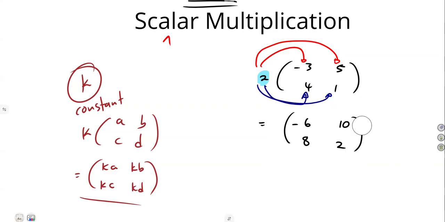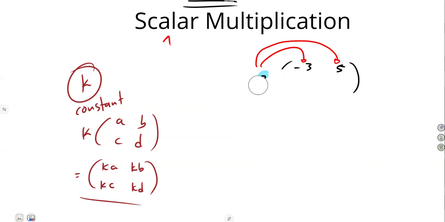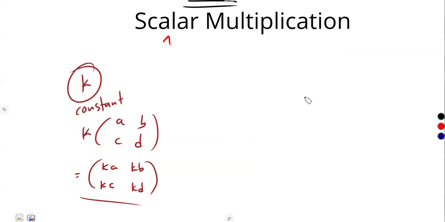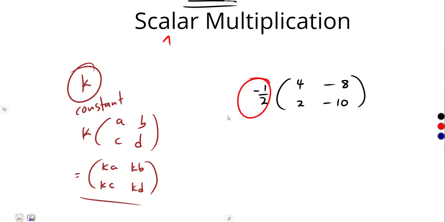So this is what you can be given, right? It can be a fraction, it can be a whole number, it can be anything. Given minus 1 over 2 times the matrix 4, negative 8, 2, negative 10, simplify or evaluate. So minus 1 over 2 is a scalar.